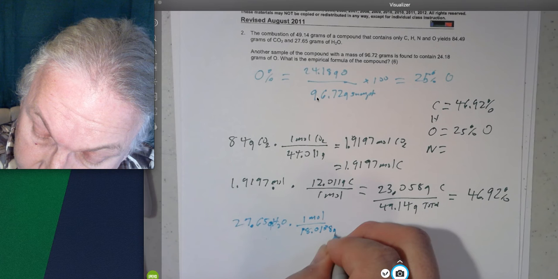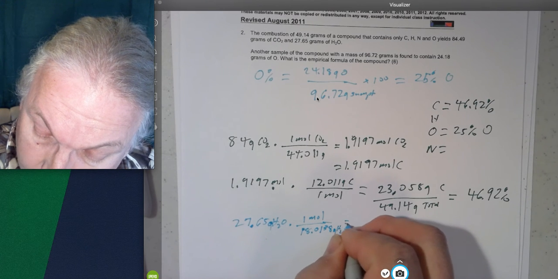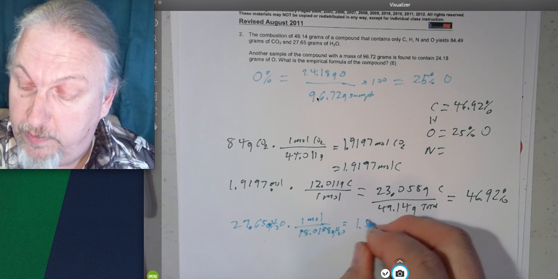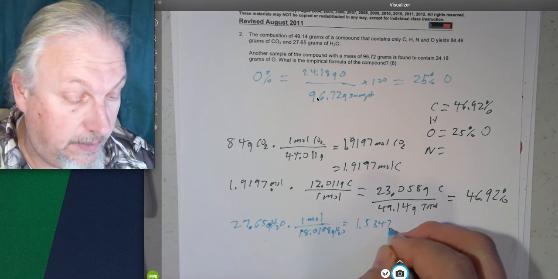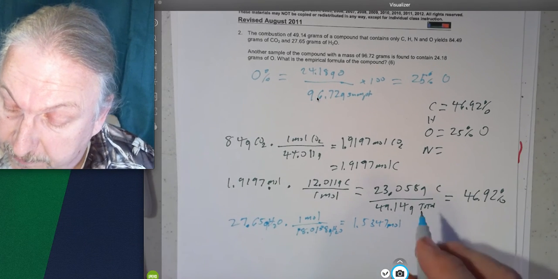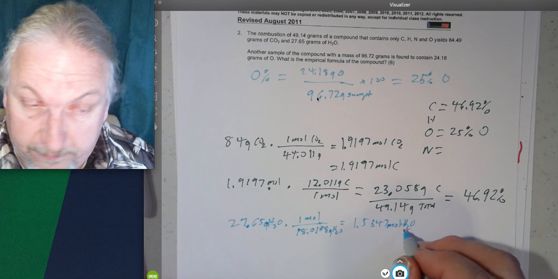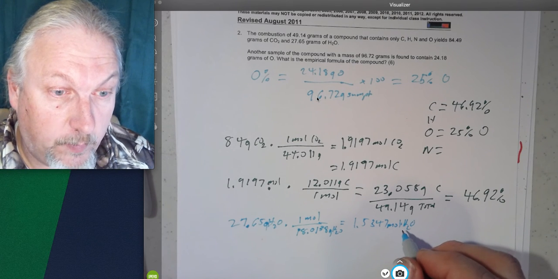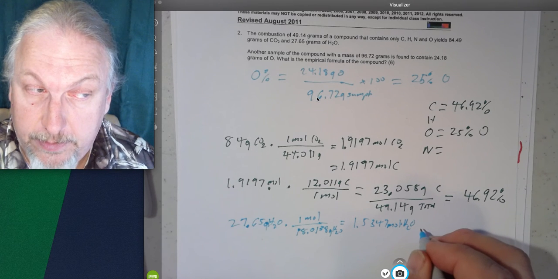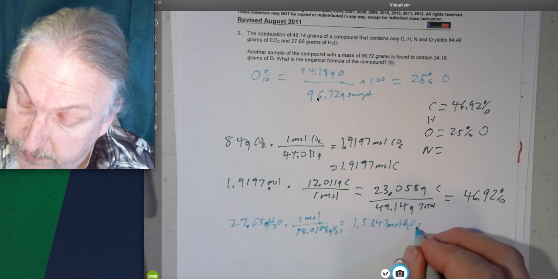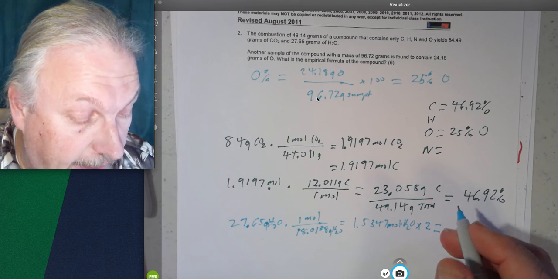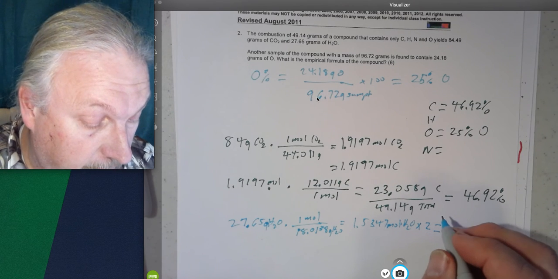So now if I take 3.0695 moles of hydrogen and I convert that to a mass by multiplying by the atomic weight of hydrogen, that's going to give me my grams of hydrogen, 3.09377 grams hydrogen. Now if I divide by the total of the sample, 49.14, that'll give us our percentage of hydrogen.